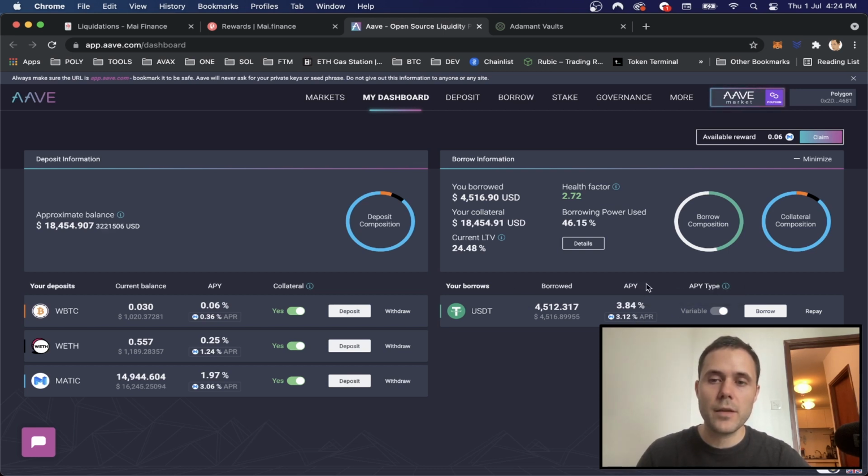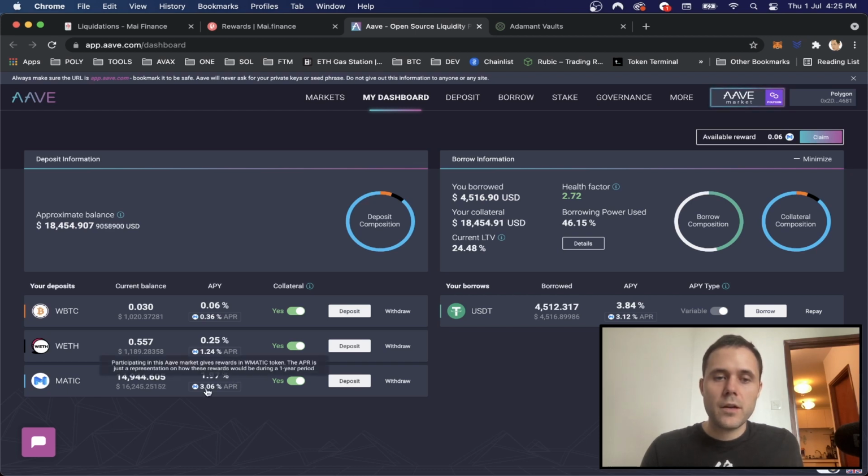Notice the difference between APY and APR is a difference. But then also notice that unlike Mai Finance, I'm getting paid interest to deposit my Matic. On here you can see I'm getting almost 2% in APY, which is compounded interest. And then I'm getting 3% in bonus APR.